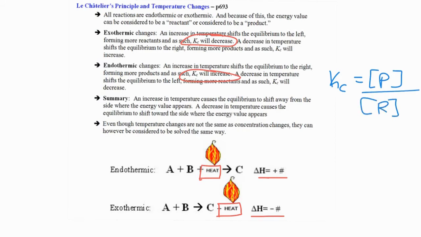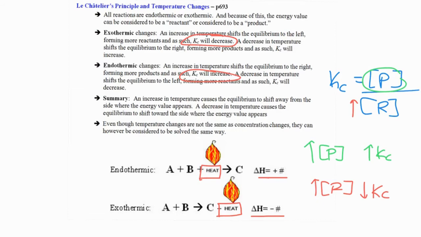To determine that, we need to look at, are we increasing the amount of products or are we increasing the amount of reactants? If I increase the amount of products, that's my number on top, then my Kc is going to increase. I'm going to have a larger Kc. If I increase my amount of reactants, now that number is on the bottom, which means that my Kc will go down. So that number is going to get smaller and Kc will go down.